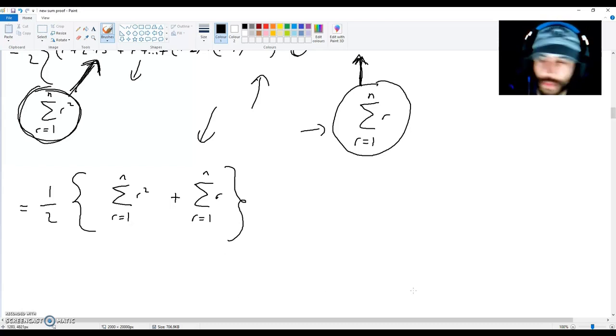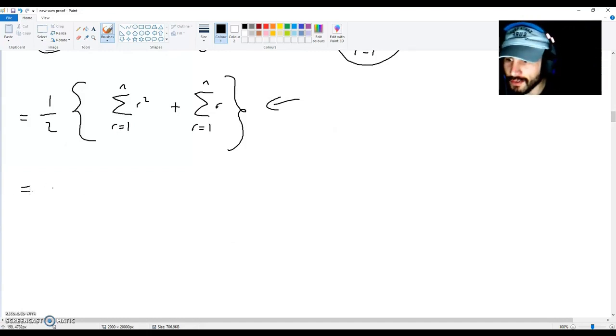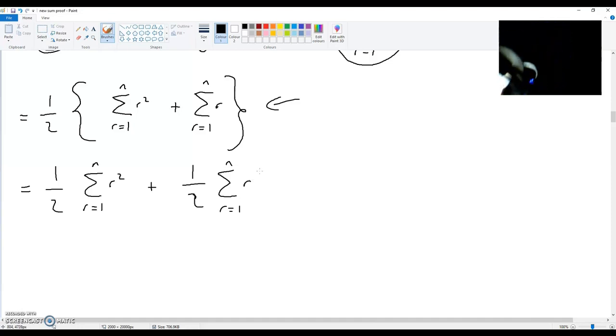Okay, so we're close to finding that formula. We are going to transform this over here into half multiplied by sigma r squared, with r equals 1 here and n up here, plus half multiplied by the sigma sign, r equals 1 down here, and n over here.